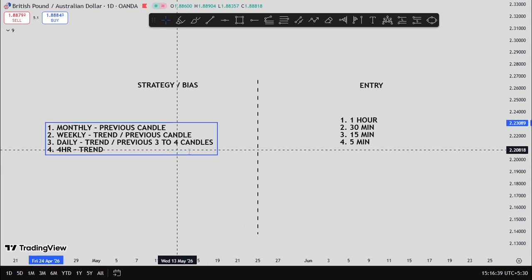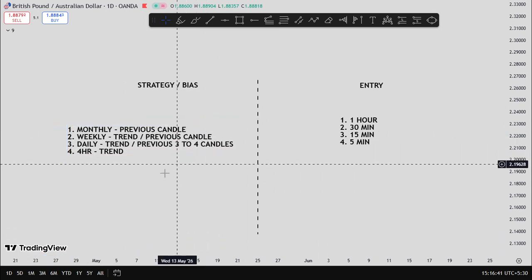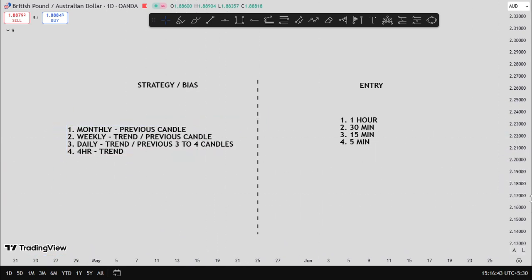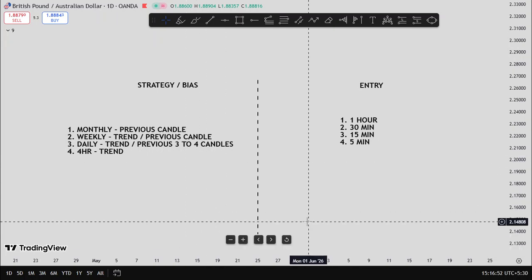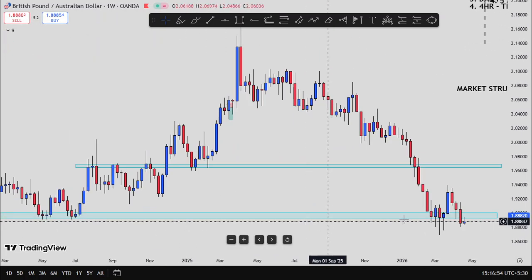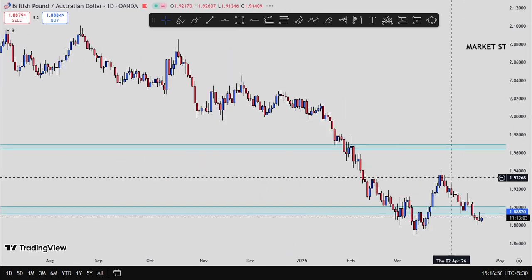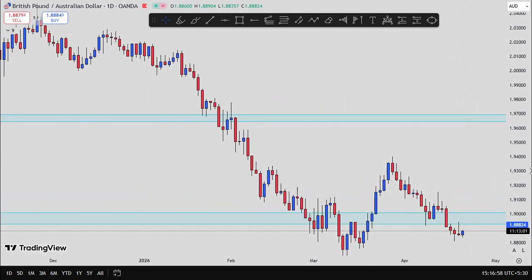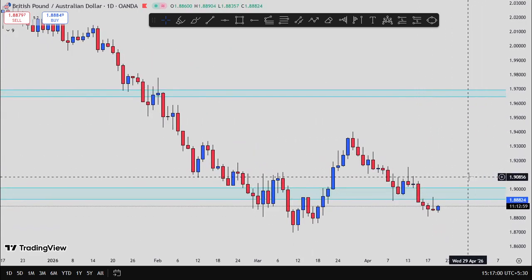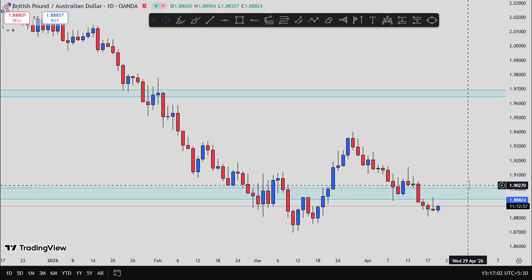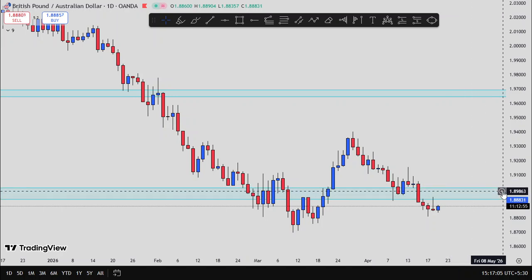This has changed my trading in 2026. What I used to do is just look at trend on all the time frames. That is not sufficient. Even if you tell me that in this case you want to sell because the weekly is bearish, and even if daily was bearish, I would still not have sold in this market.